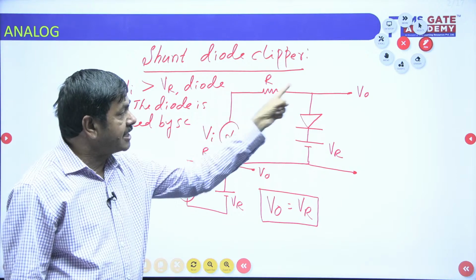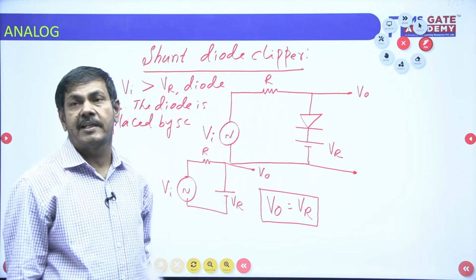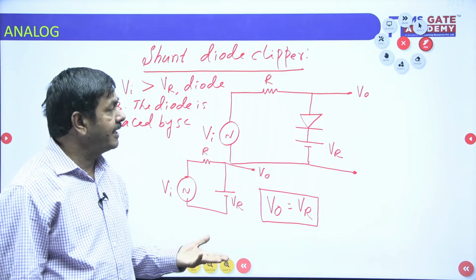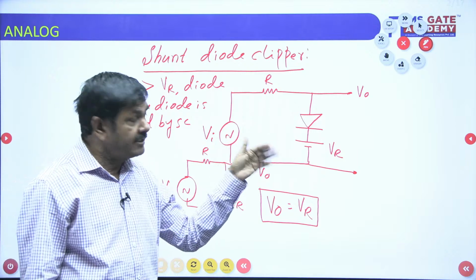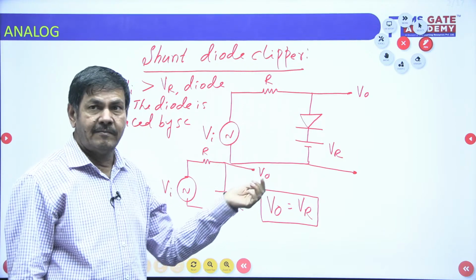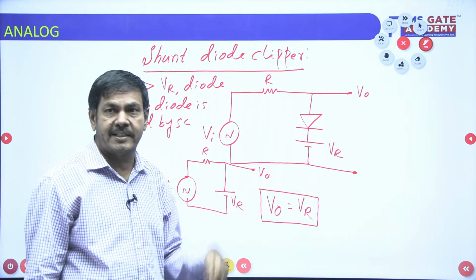The lower potential is given to the p-type material and the higher potential to the n-type material. In that case the diode will be in reverse bias. When the diode is reverse biased, it will be replaced by an open circuit.